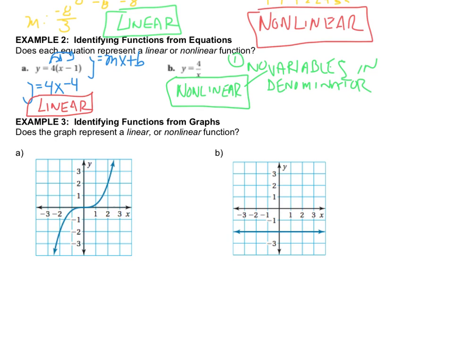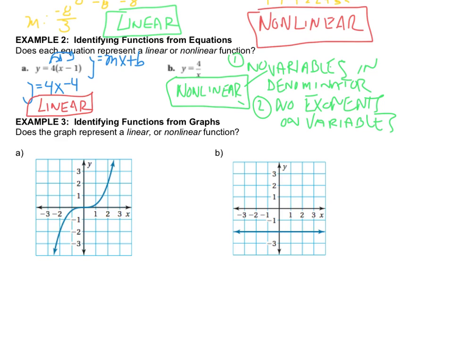That's number one. And then number two, the other one we want to look for is no exponents on variables. Those two things would end up making it nonlinear.